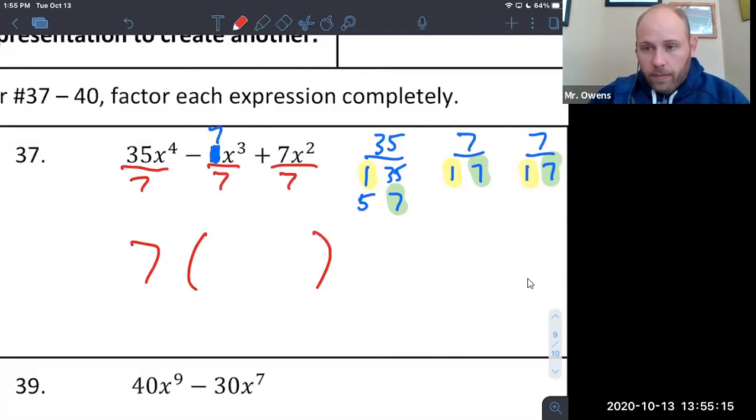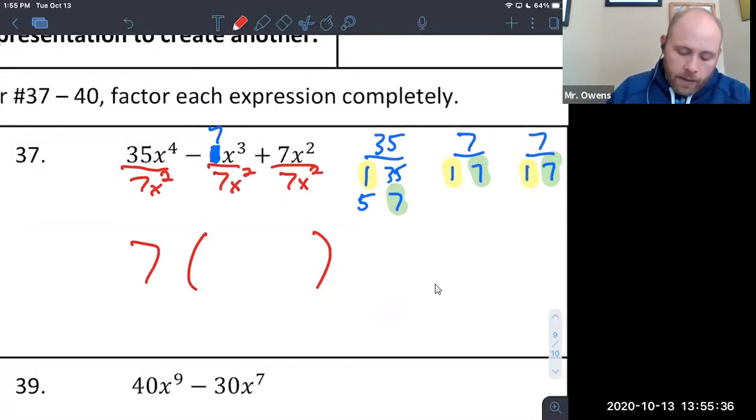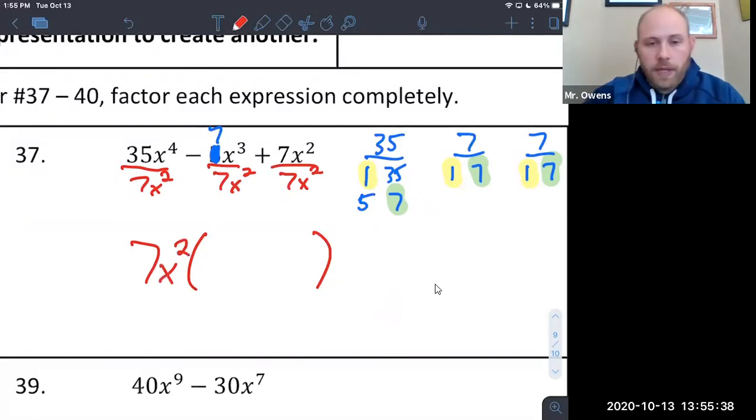When it comes to variables and their exponents, all I'm doing is looking for the lowest exponent, and that is what I'm going to take out. So the lowest one is right here. I can only take 2 x's out of all of them because one term only has 2 x's. Again, whatever I divide out goes out in front.